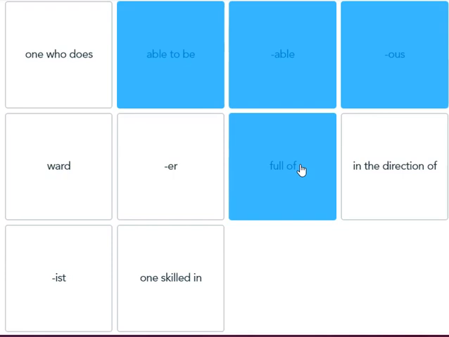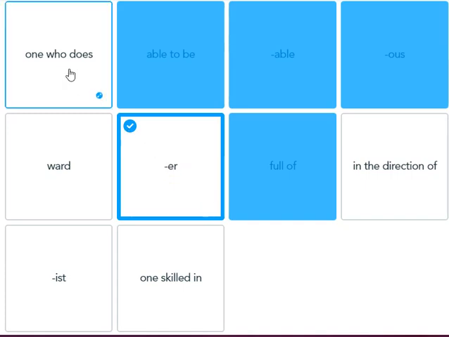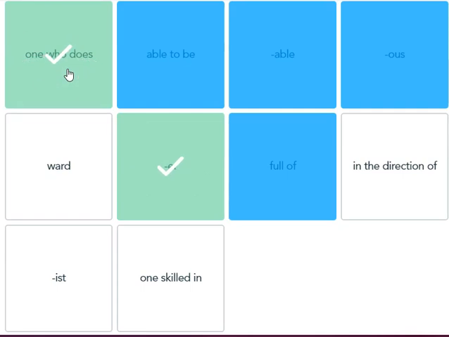How about the suffix er? ER would be matched to one who does. Did you get that right? Like lawyer, farmer. So it's the one who does. Now, director, somebody who directs.